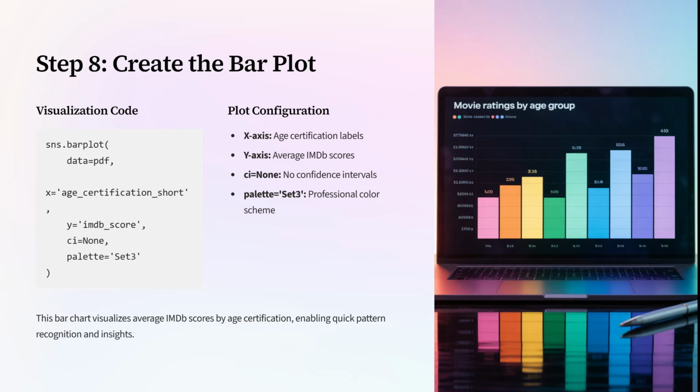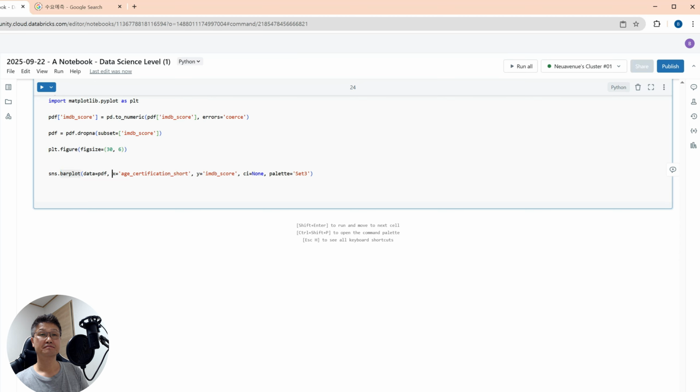Step 8 is to create the bar plot. This is one of the seaborn library functions. What it does is generate a bar chart showing average IMDb score. The y-axis is the IMDb score for each shortened age certification level, and the CI is none.